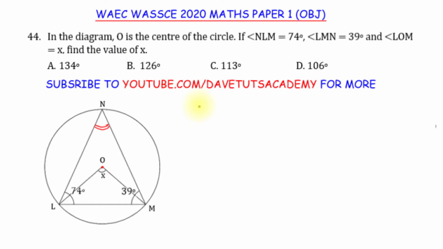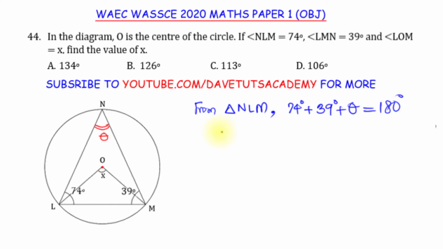Now, if we look at triangle NLM, we can see that the sum of 74 degrees, 39, and this angle, which I'm going to call theta, their sum, we can say that 74 degrees plus 39 degrees plus theta is equal to 180 degrees.